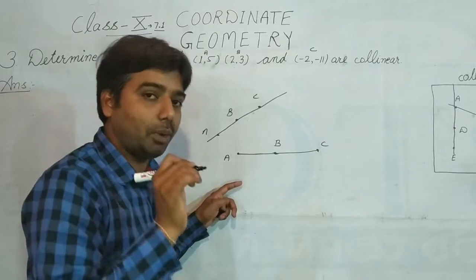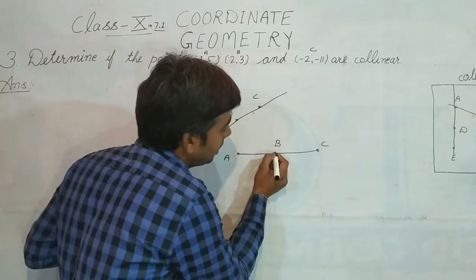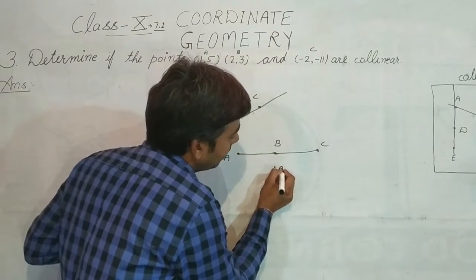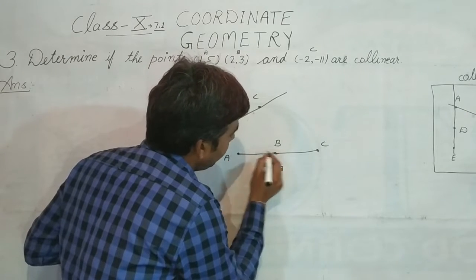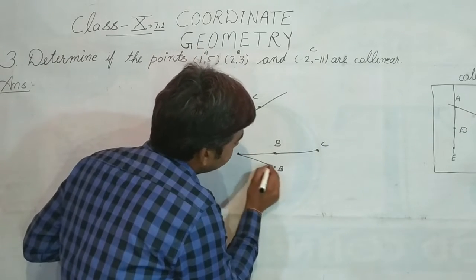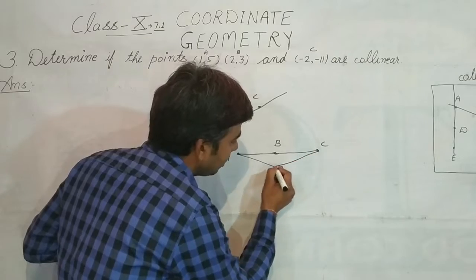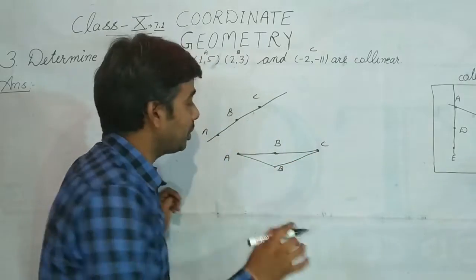And if these points are not collinear, suppose this point is not here, this point is here, then the addition of AB and BC must not be equal to AC.